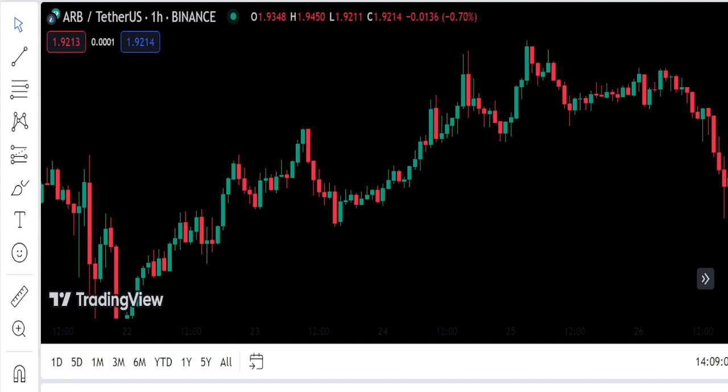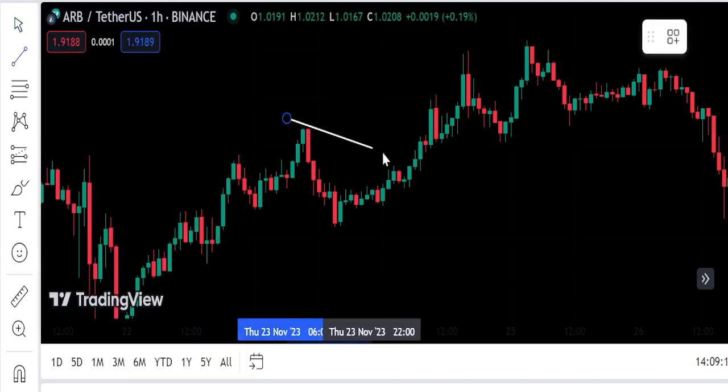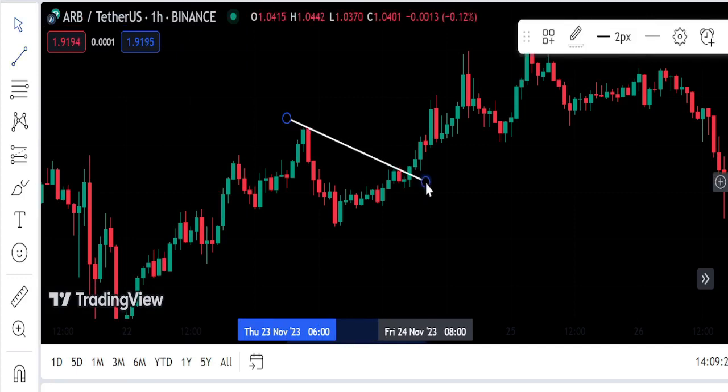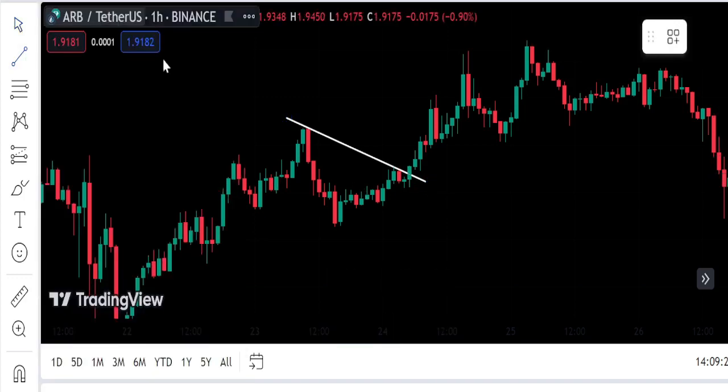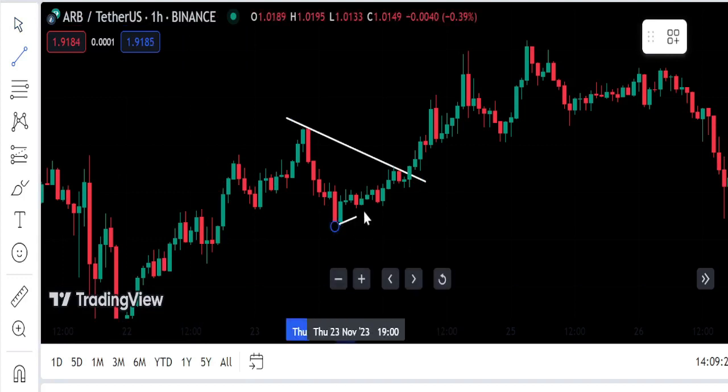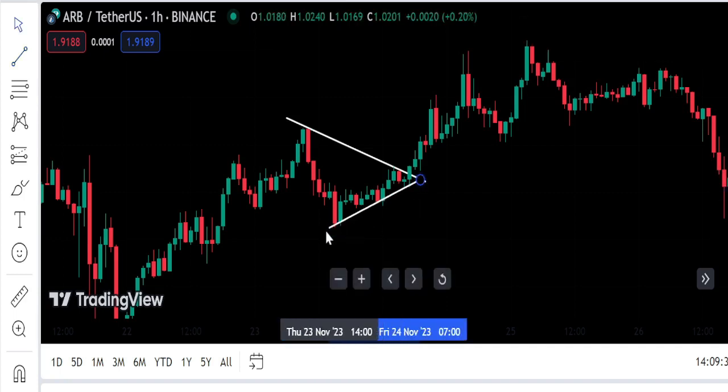So let's see if we can spot a symmetrical triangle. Here we see that if we have this as our trend line, and we also see that these lows can be connected with this line, then this already gives us our symmetrical triangle, right?